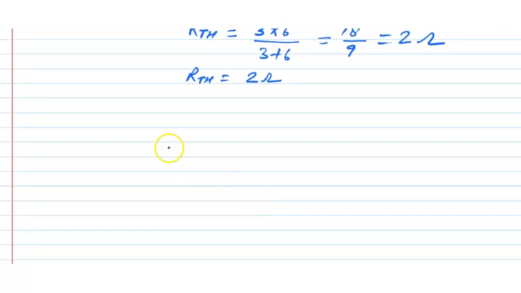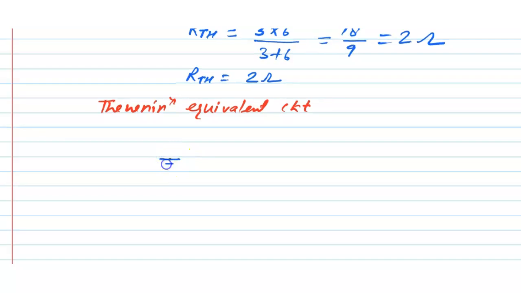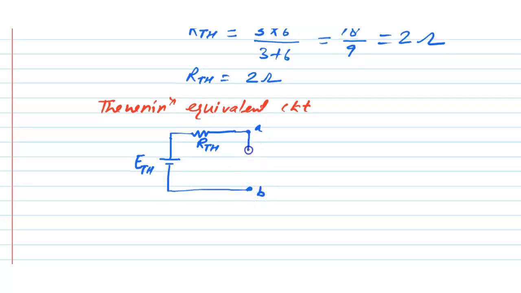Now make a Thevenin equivalent circuit, which is given by: here there is a voltage source which is ETH, and there is a resistance which is the Thevenin resistance RTH, and this is terminal A, this is terminal B, and here the load is connected, which is a variable resistance.